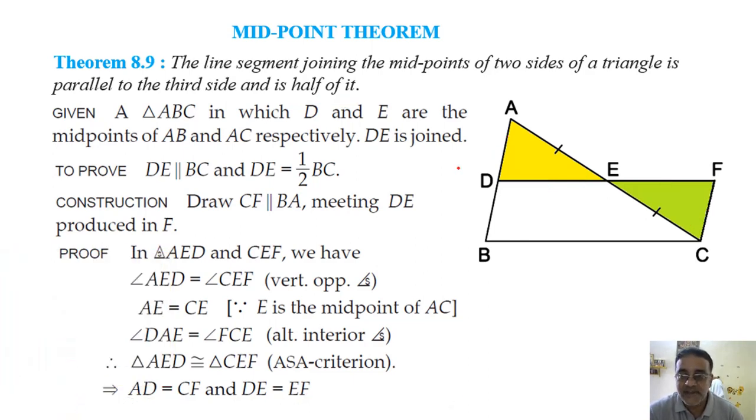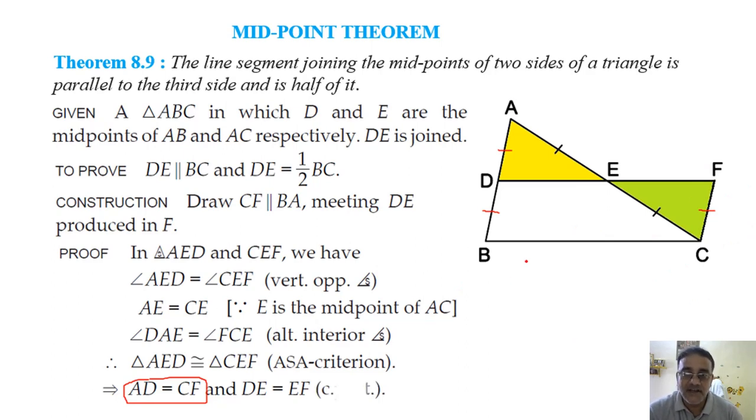Now see, अभी AD और CF इक्वल हो गया यहाँ से, and AD is also equals to DB. Why? D is the midpoint of AB. So DB is also equals to FC, or BD is equals to CF.